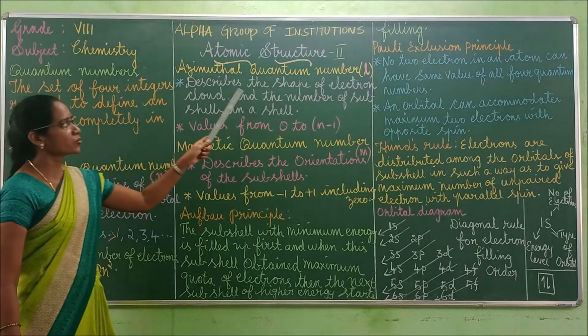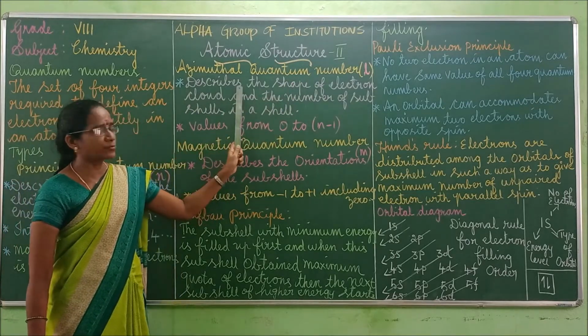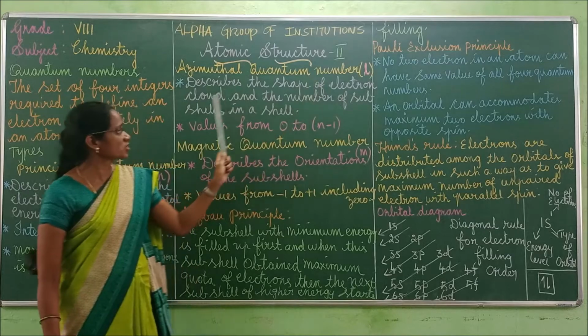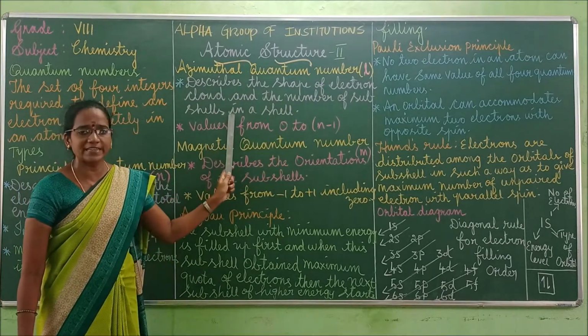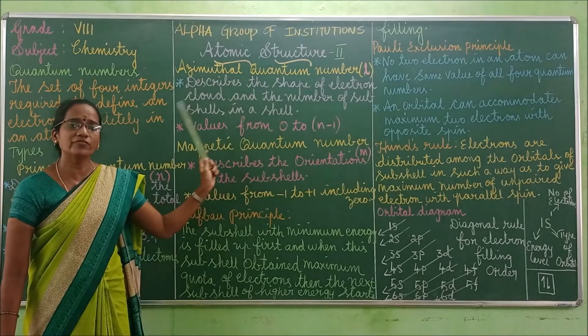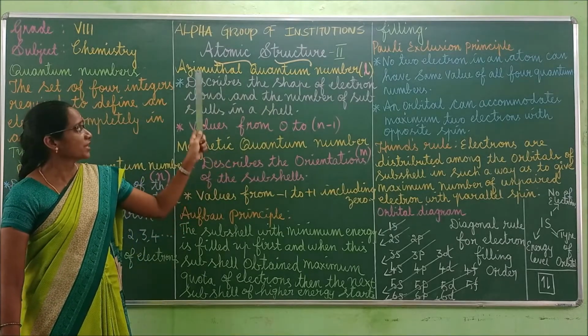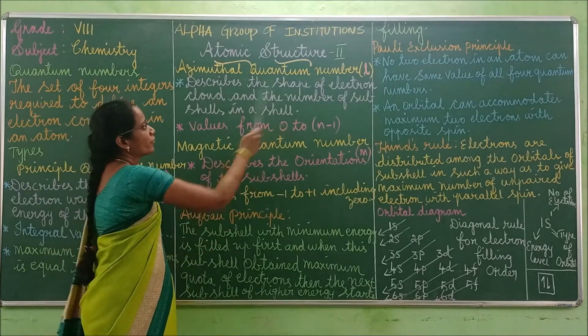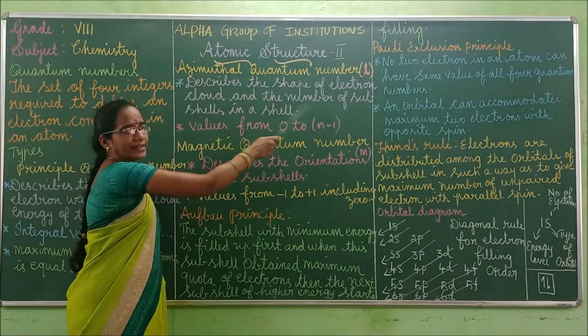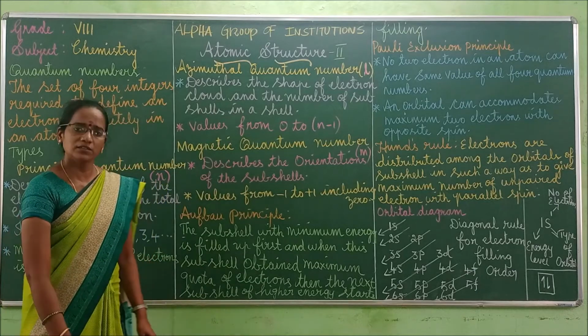But the azimuthal quantum number describes the shape of the electron cloud and the number of subshells in a shell.